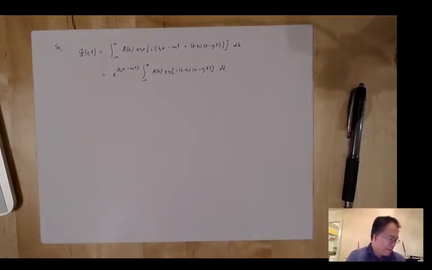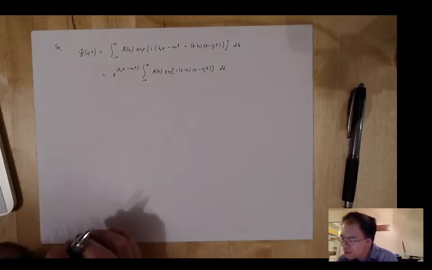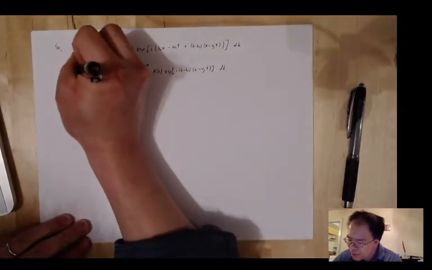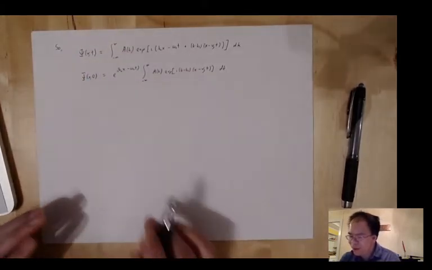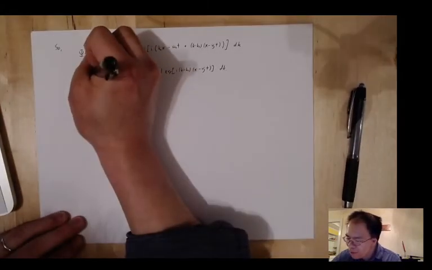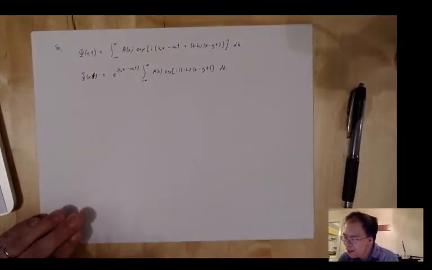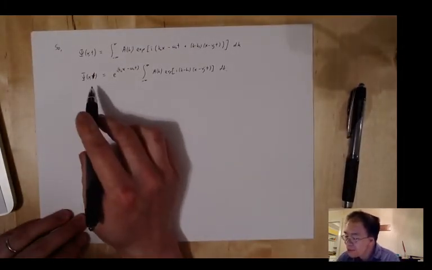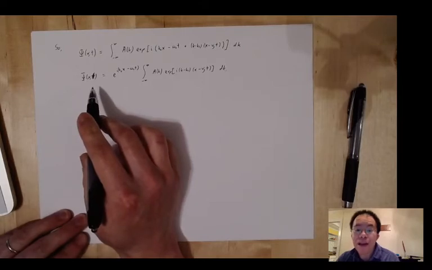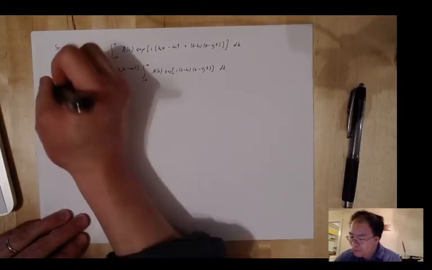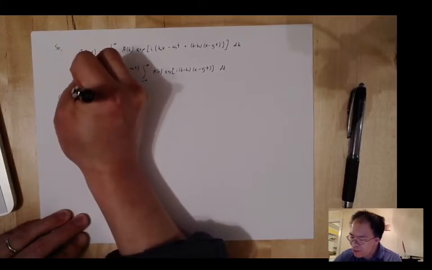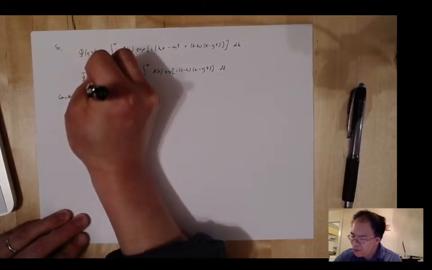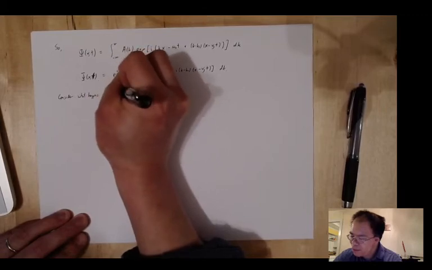Okay, so here's the thing. This ostensibly holds at all values of t. But if this holds at all t, this should also hold at t equals 0. So consider what happens at t equals 0.